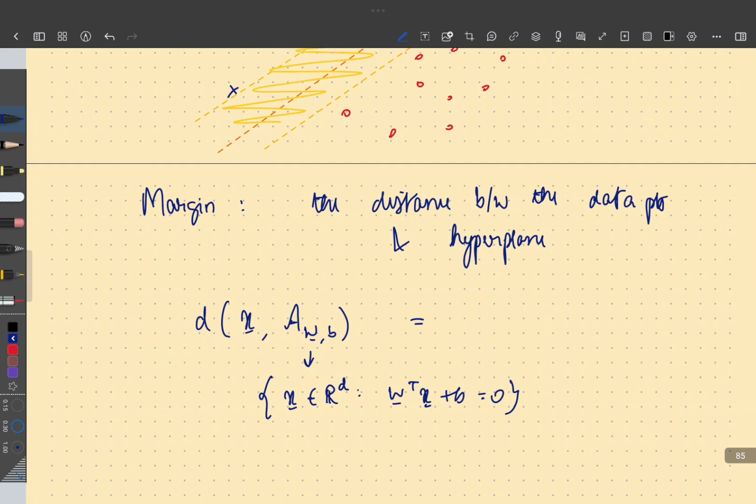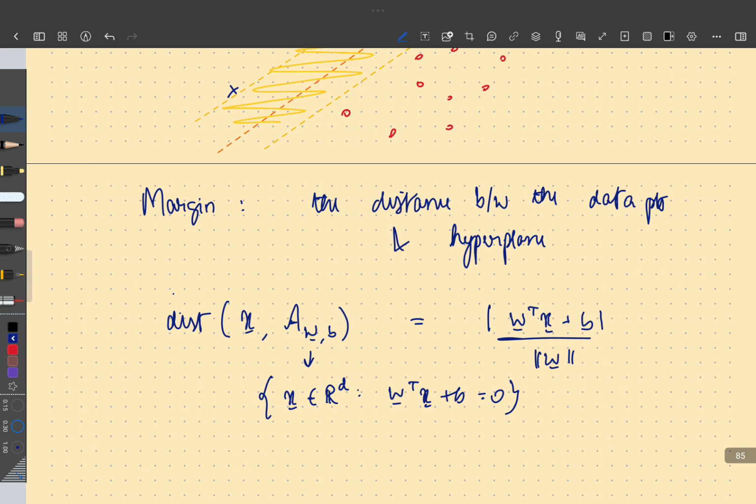Take the equation of the line and substitute the value, mod divided by the square root of... So it happens to be mod w transpose x plus b divided by the norm of w.